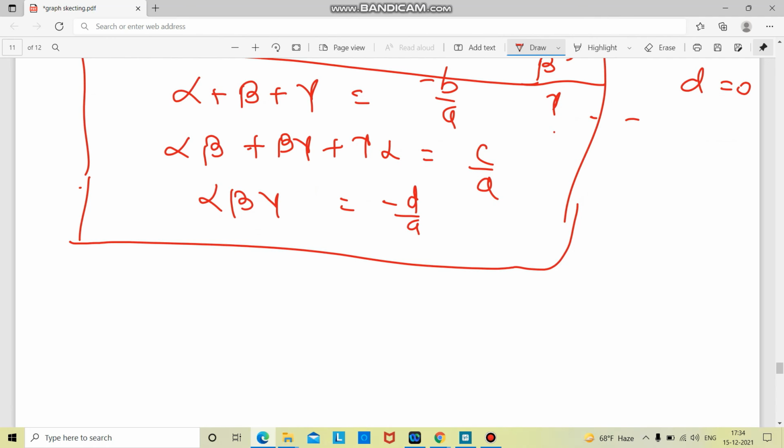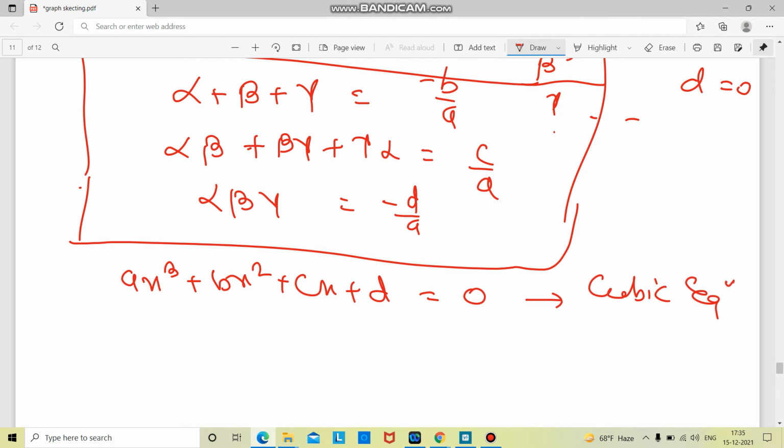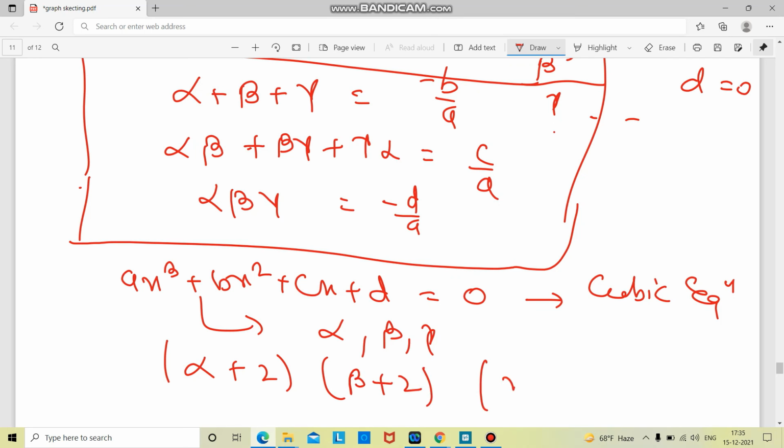We are given ax cube plus bx square plus cx plus d equal to 0. This is a cubic equation whose roots are alpha, beta, gamma. We have to find the equation whose roots are alpha plus 2, beta plus 2 and gamma plus 2.